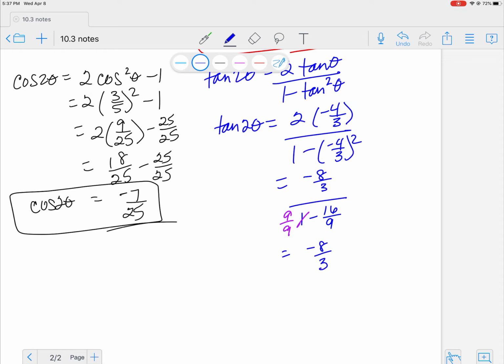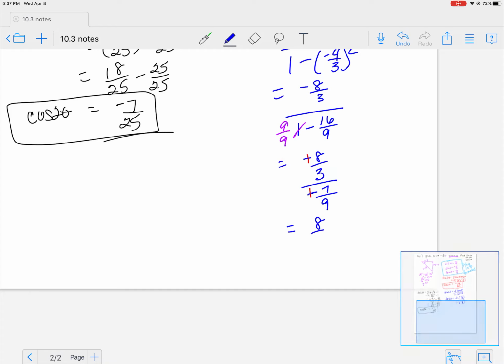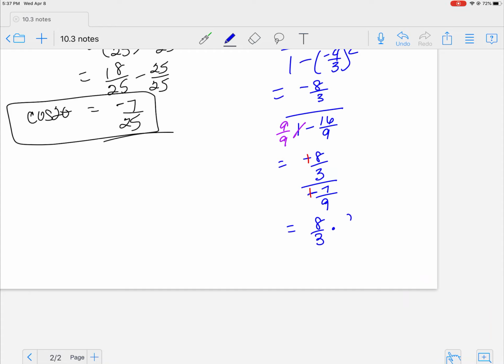If you get that common denominator, giving you 9/9, then you end up with a -8/3 divided by a -7/9.